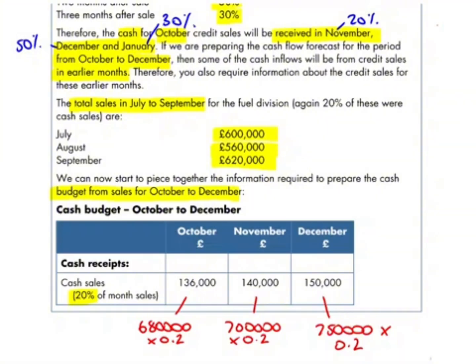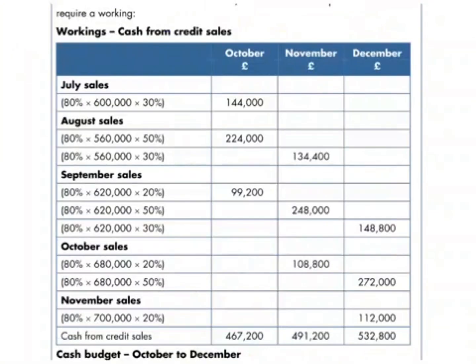We've now got to work out the pattern of the credit sales and ensure the cash received from those credit sales is inserted into the cash budget in the correct months. So on this page, we're given a workings table, helping us to work out when the cash is going to be received from the credit sales in July all the way through to November.